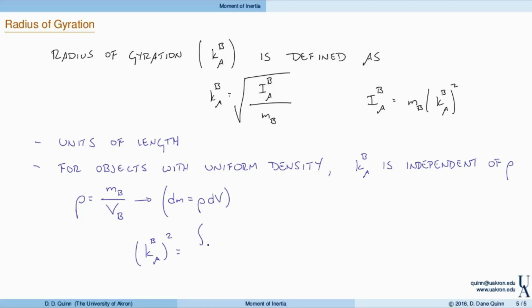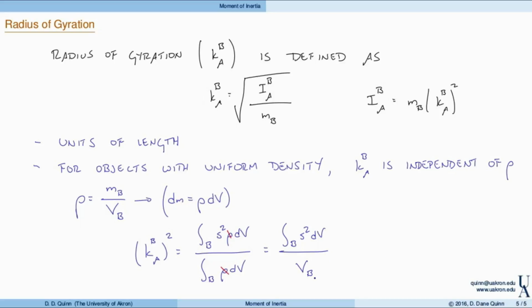Well, the moment of inertia was the integral over the body of s squared dm, but now dm is rho dV, while the mass is the integral over the body of simply rho dV. Well, since rho is constant, we can factor rho out of both of these integrals, and then they cancel one another out. So what we're left with is the integral over the body of s squared dV divided by the volume of the object itself.